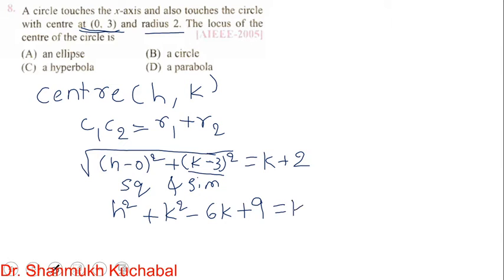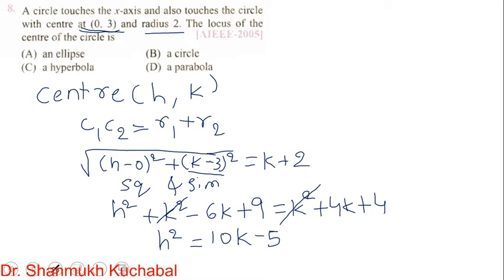The expansion will be k square plus 4k plus 4. Further, on both sides k square is there, so k square cancels. So we get the solution as h square equal to 10k minus 5.